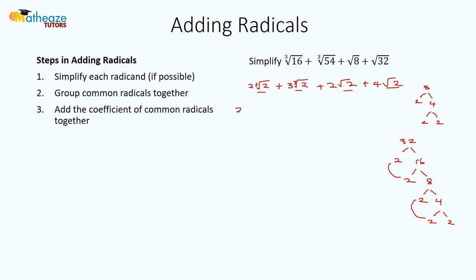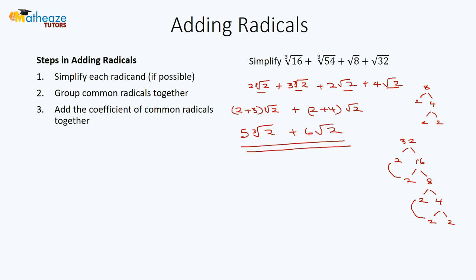So now we have 2 plus 3 cube root of 2 plus 2 plus 4 square root of 2. So we end up with 5 cube root of 2 plus 6 square root of 2. So this is how you deal with adding radicals.